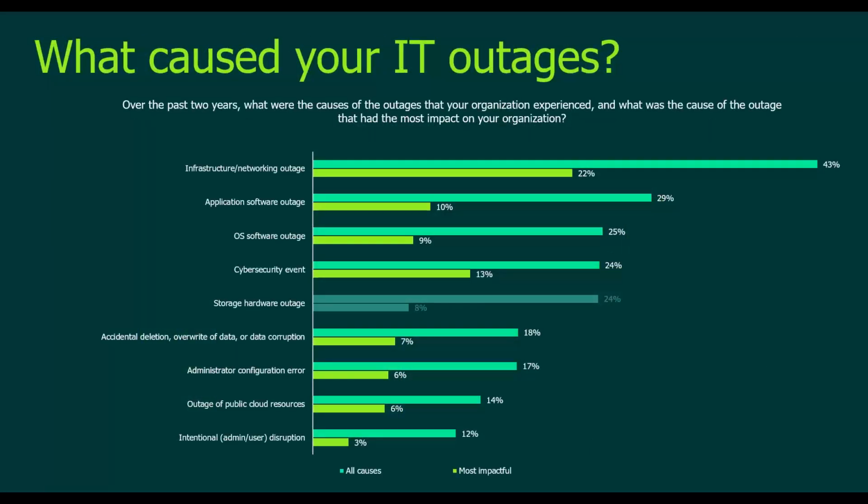And also, if you think about what's been causing the customers outages in the previous year, this translates well back into the discussion about the public cloud and resource management. The most pain for them was infrastructure networking outages and application software outages.